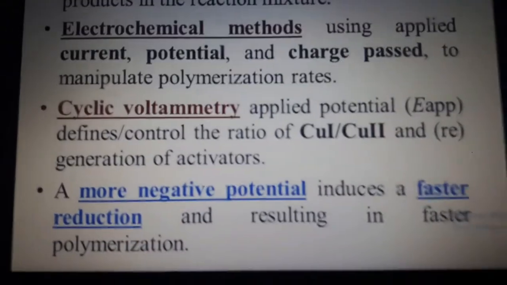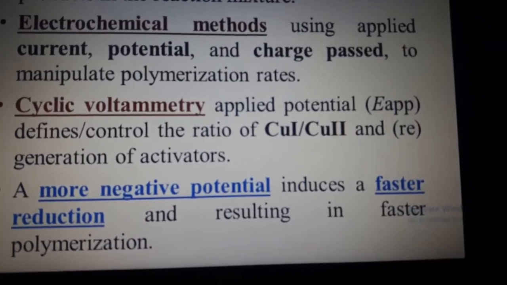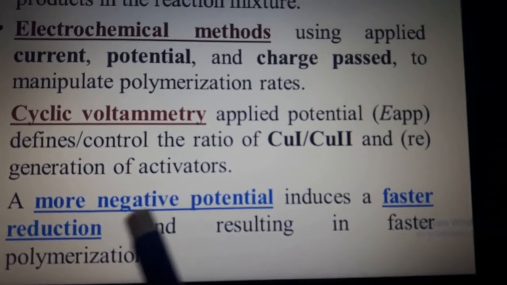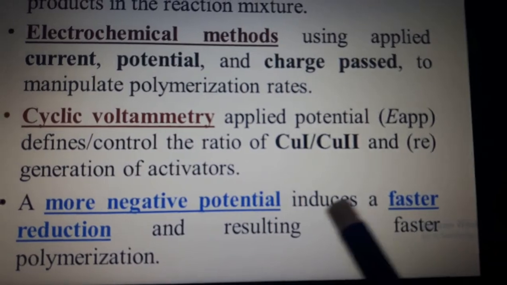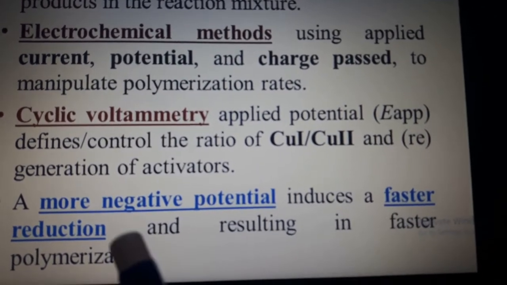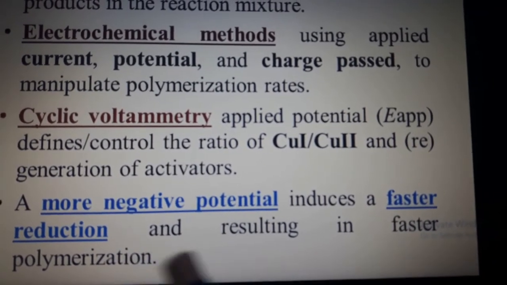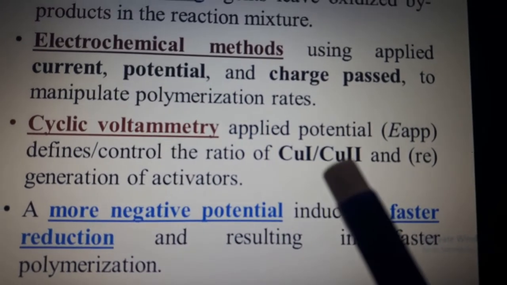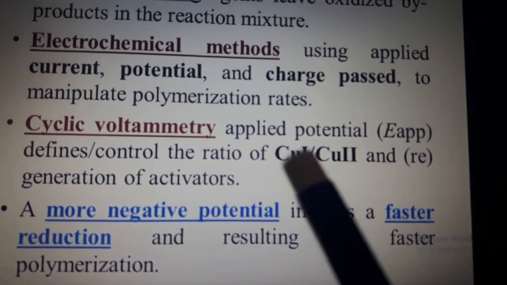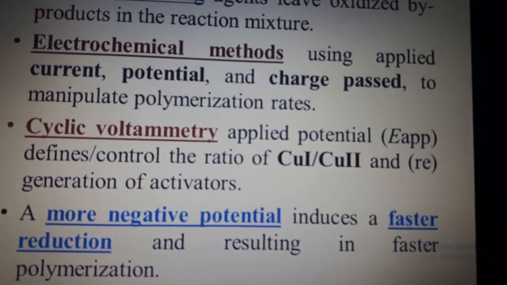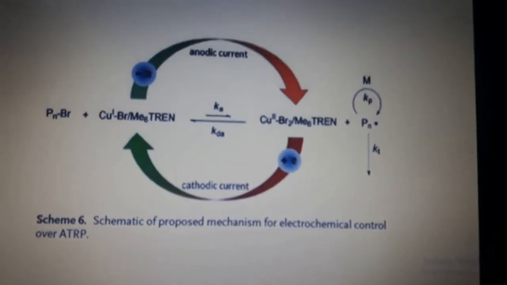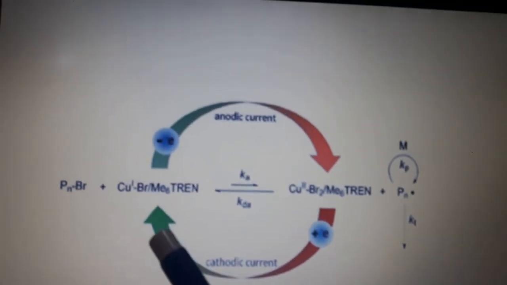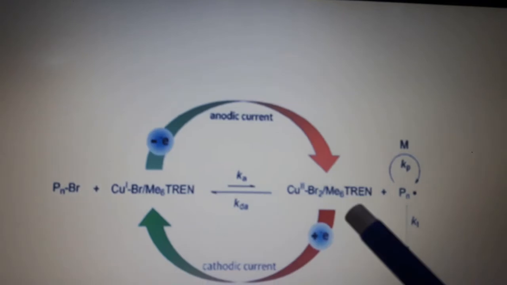It is already confirmed experimentally that a more negative applied potential induces a faster reduction, resulting in faster polymerization, because this is providing electrons and converting this oxidized to this reduced species, that is the activator. You can see here a note: here is the activator and here is the deactivator.